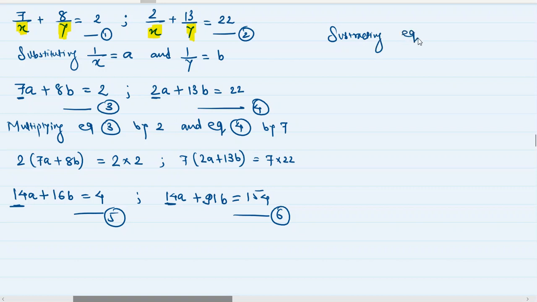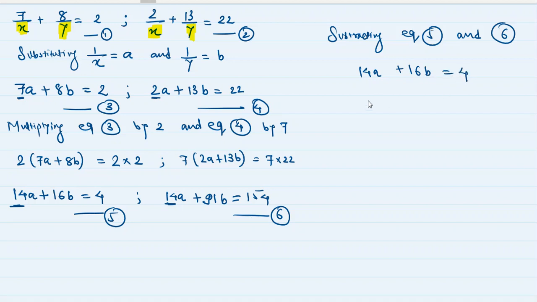Subtracting equations 5 and 6: 14a plus 16b is equal to 4 minus 14a plus 91b is equal to 154.